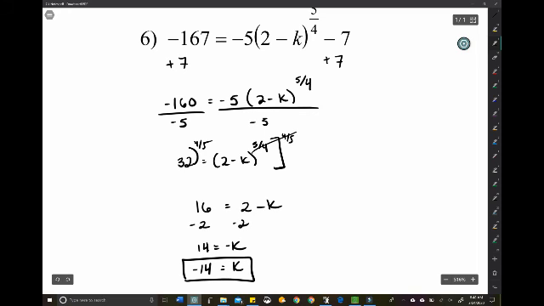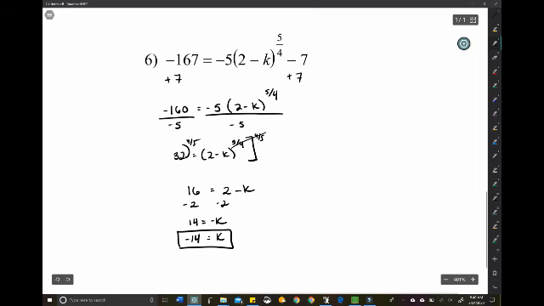-14 is what I got. I'm going to take the liberty to double check just to be sure. 167 equal to -5. And just to show you, 2 minus -14.